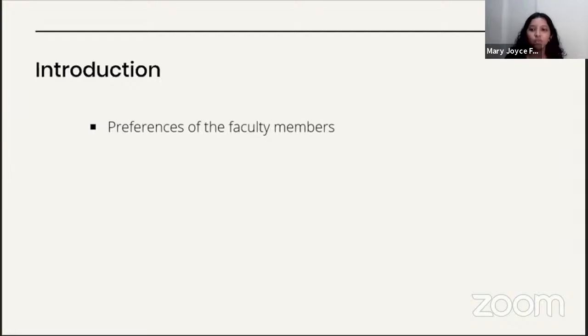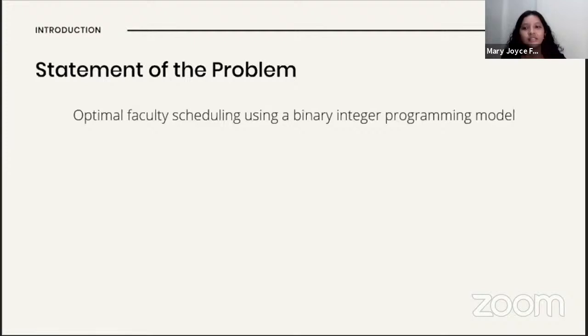Let's now move on to what we are going to solve in this study. The researchers wanted to use a binary integer programming model to solve for the optimal faculty scheduling. Binary means 0, 1, so 0-1 integer programming was used here. That means the variables used are binary, 0 or 1.